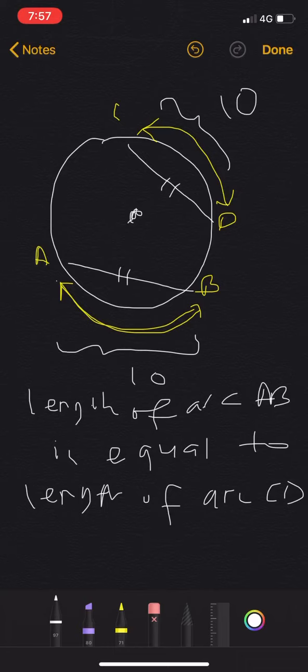Why? Because their chords are equal in length. Sebab chord dia sama panjang.